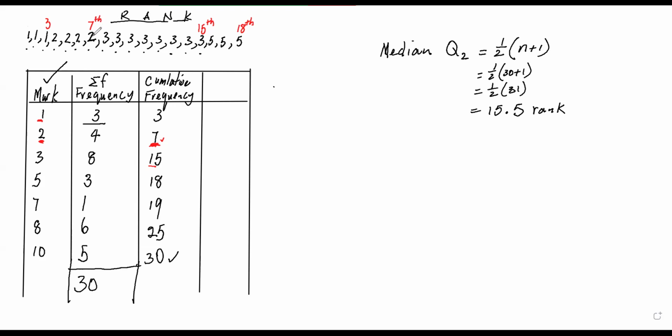The value of the seventh rank is 2. The value of the 15th rank is 3. The value of the 18th rank is 5.